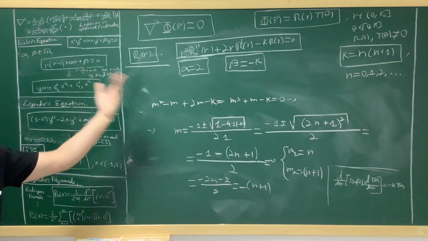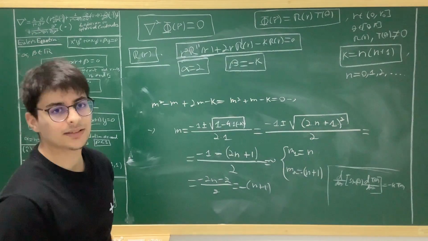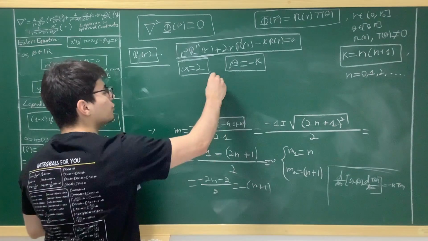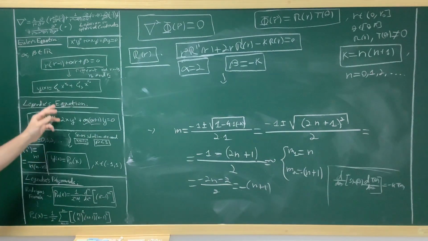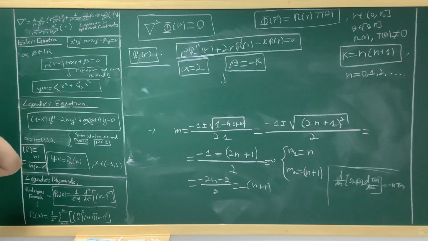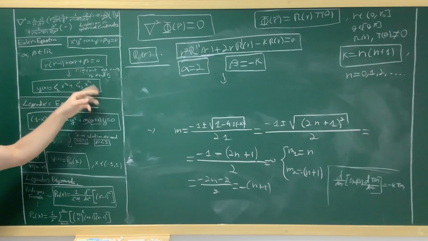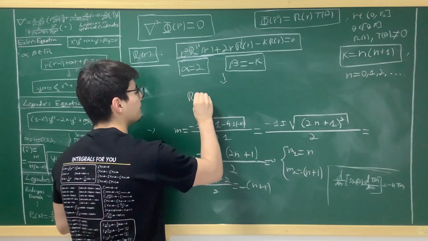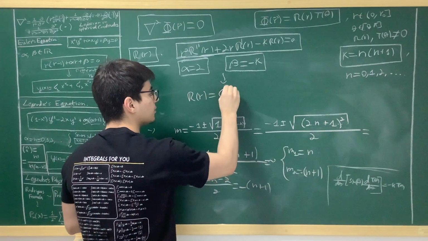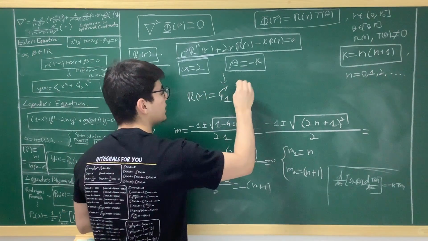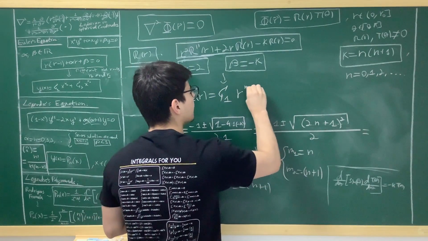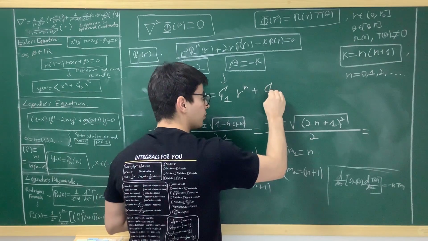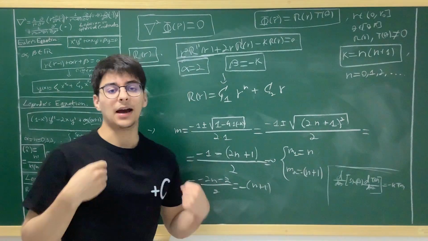We have already solved our Euler type ODE. And I will write this result just right here. But before, let me just erase. So our solution, as we said here, is just of the form some constant times our first root plus some other constant times our second root. We have that r is just some constant, let me call it c1, times r raised to our first root, which is n1. But what is n1? n1 is just n. Plus some other constant times r raised to our second root.